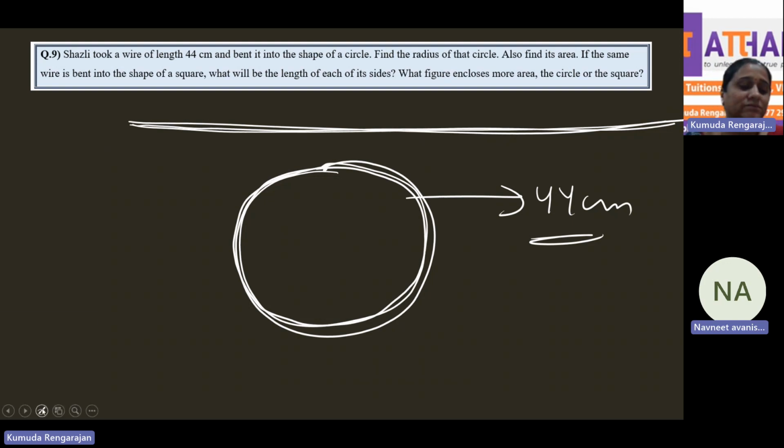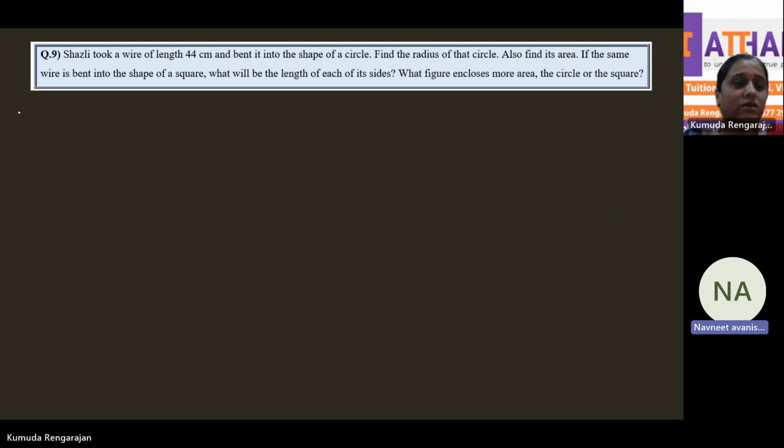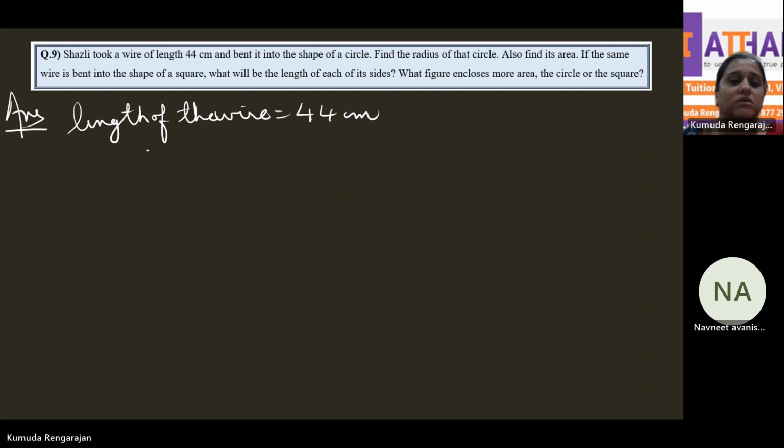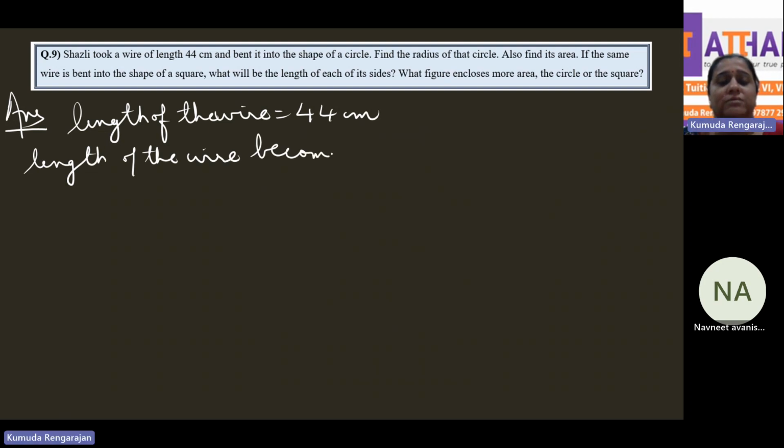Do we understand that? Yes, ma'am. So let's write that first. Don't write anything now, listen to me. Length of the wire is equal to 44 centimeters. So the explanation is: length of the wire becomes the circumference of the circle.